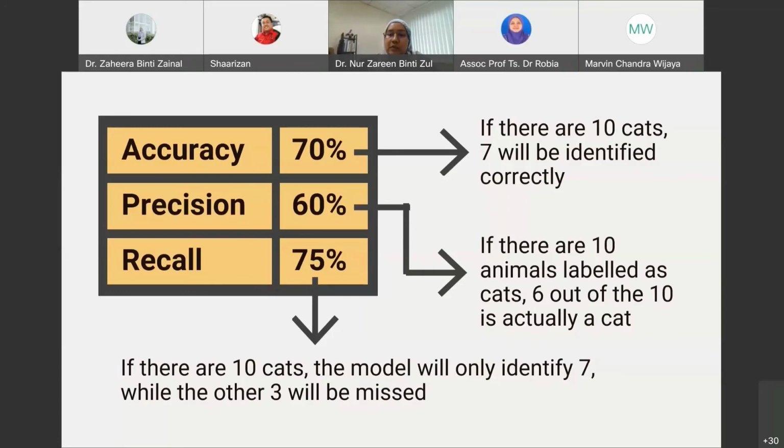You don't display that in your paper. Instead, you display accuracy and then one column for the first model, one column for the second model, one column for the third model. And if you're comparing to another existing work, you might have another column stating the accuracy, precision, and recall of the other work.